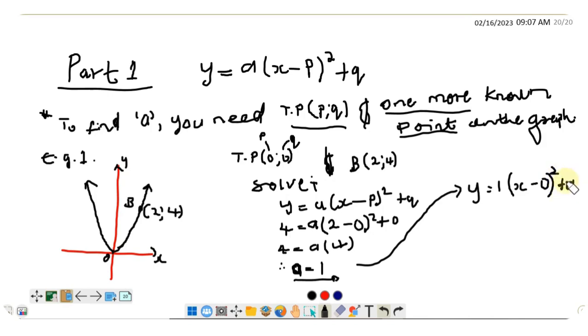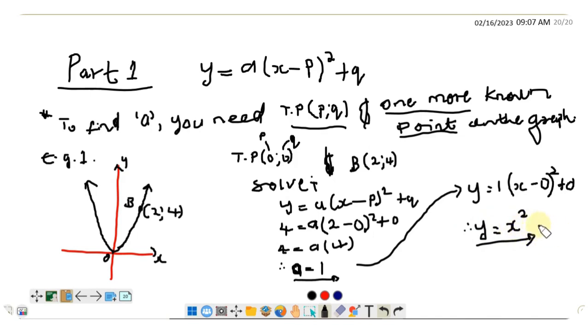What is q? It is 0. Therefore, y equals 1. Remember guys, I cannot write the 1 because we know it's there, even if I don't write it. So y equals x squared. There you go.